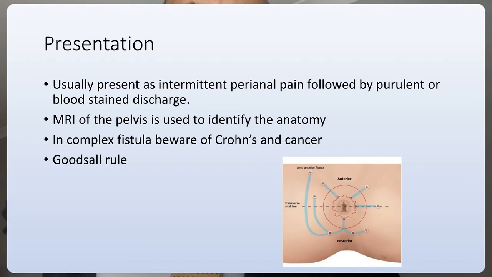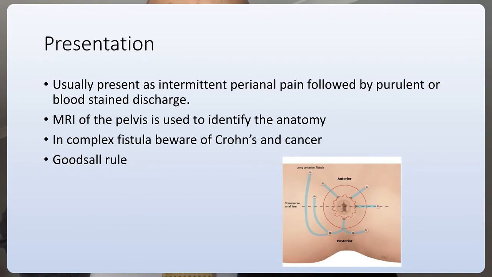However, if the external opening of the fistula is situated posterior to that imaginary line, then it goes into a curved track, and they all open at the dentate line at the 6 o'clock position, while the anterior ones depend on where the abscess is.